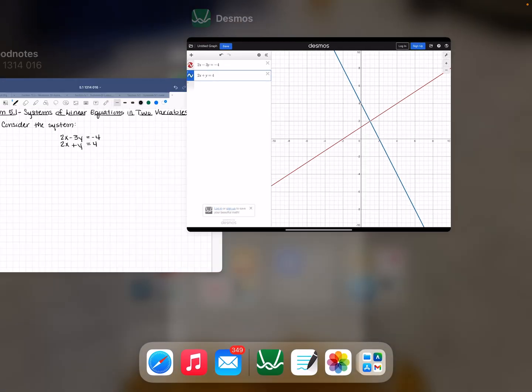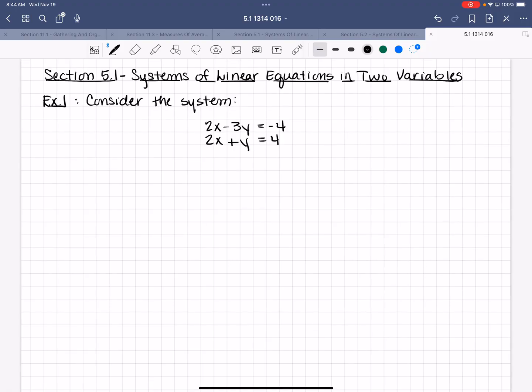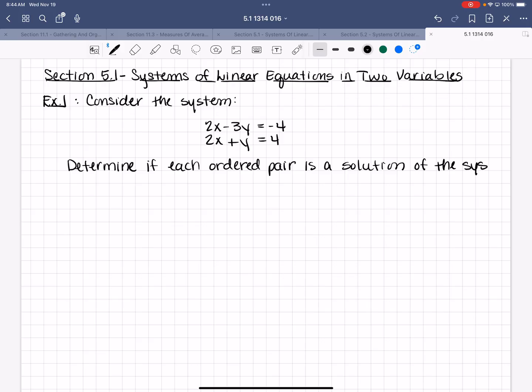Okay, so we start off, they give us two linear equations, and they say determine if each ordered pair is a solution of the system, okay?